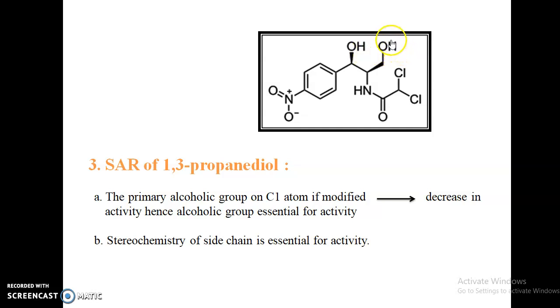If we replace this alcoholic group by other atoms, then activity decreases. The second point is that the stereochemistry of the side chain is essential for the activity. The D-isomer form of chloramphenicol is more active than the other isomer.